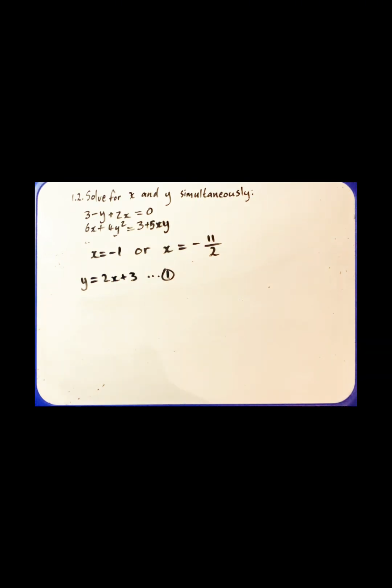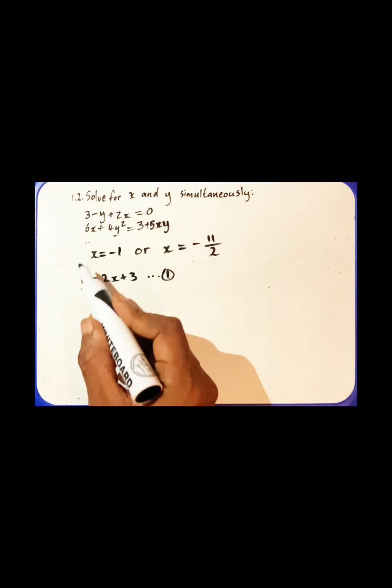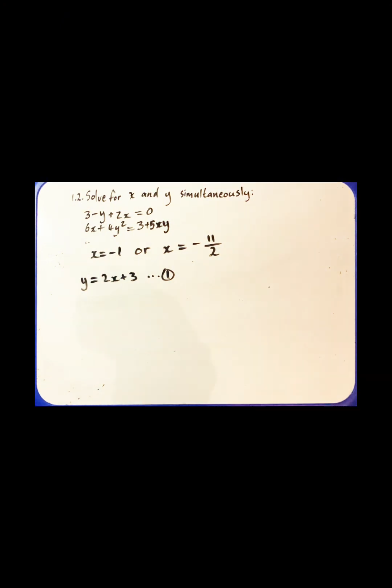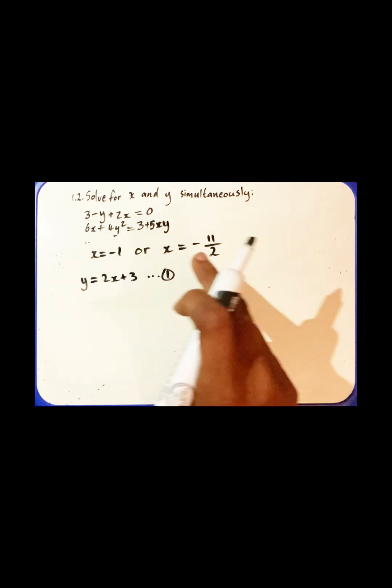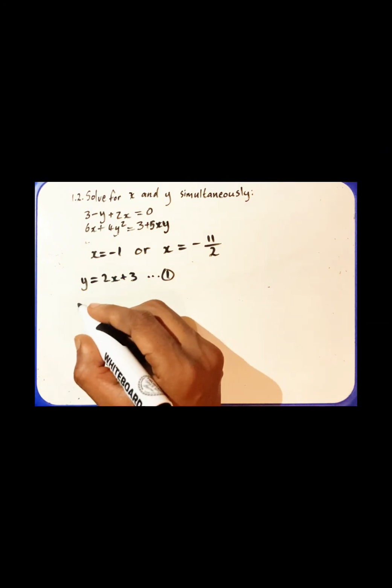So we come back to equation 1 and replace the x with these numbers that we have got here. That means we're going to have 2 different values of y, because we also have 2 different values of x. So we'll substitute 2 times.